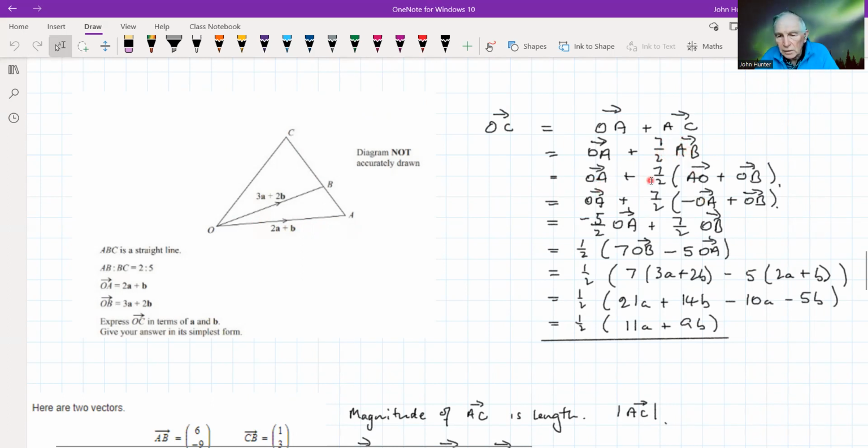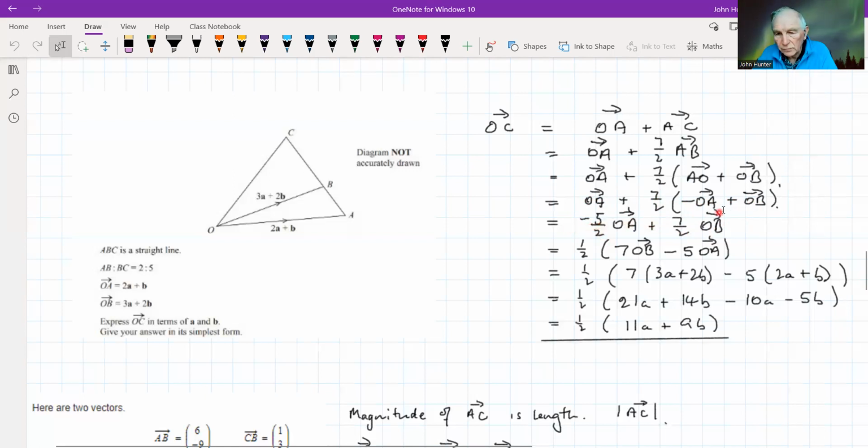So we're going to expand AB: AO plus OB, and now that's looking promising, isn't it? Because we know OA and we know OB. AO is, of course, minus OA. So we can rewrite this as OA plus 7/2 times minus OA plus OB. Okay, so we're just expanding these things out and substituting as we go through.